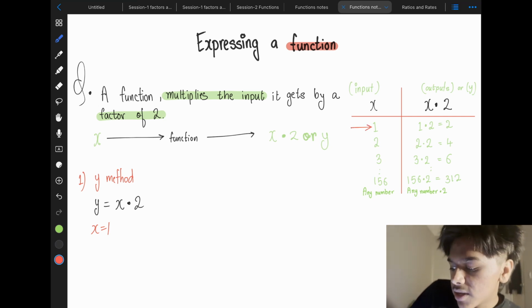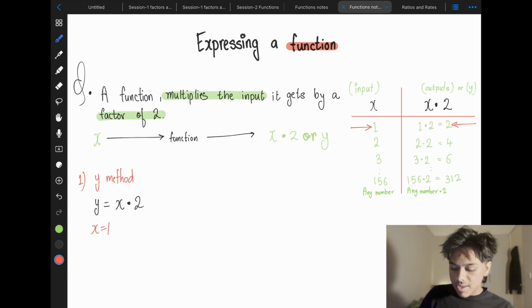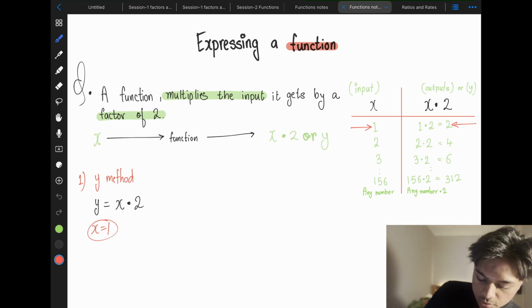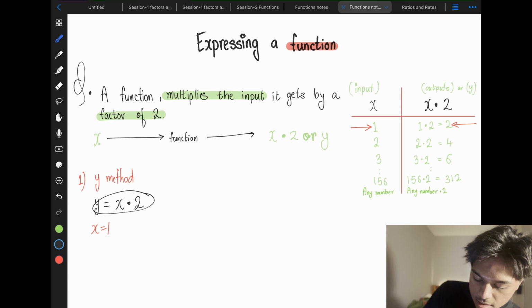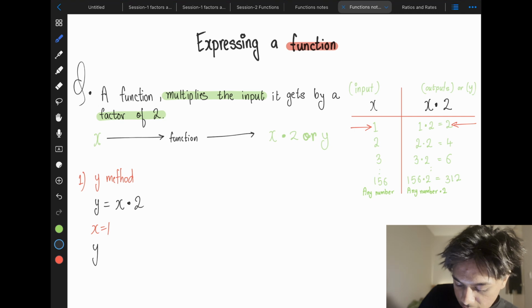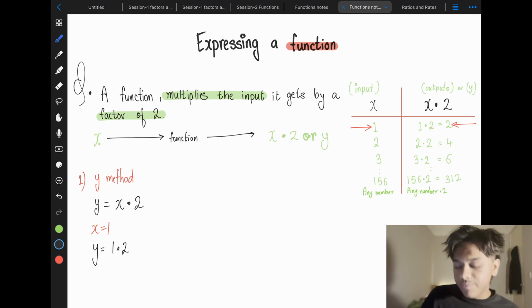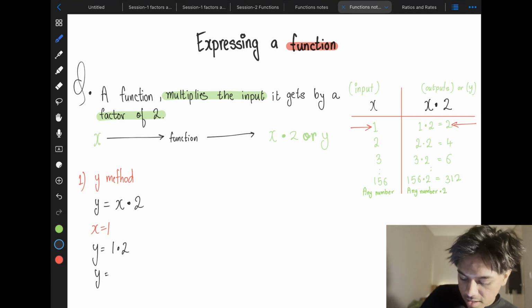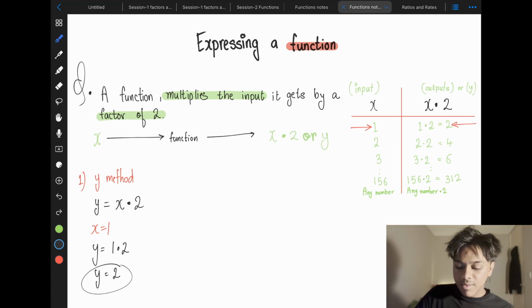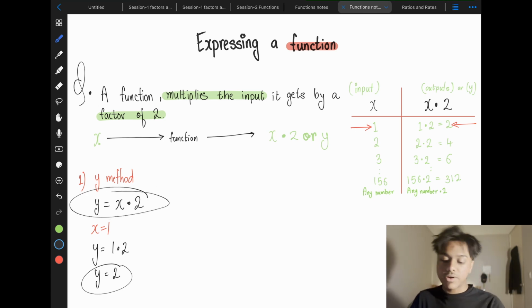X equals 1, I got y equals 2. Let's see if I get the same thing. Well, if I say x equals 1, in this equation, my x would change and become 1. Therefore, I can rewrite it as y equals 1 times 2. And my y will be 2, which is the same as the table here. Therefore, this way of expressing the function is correct.